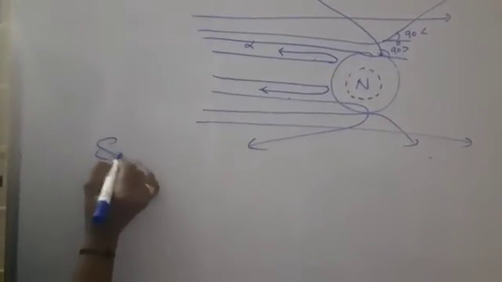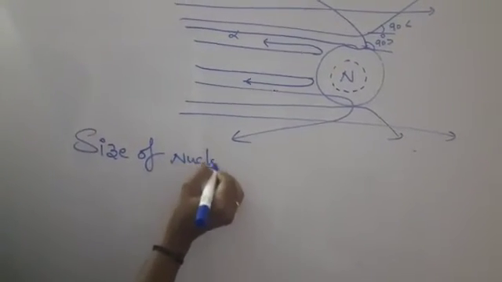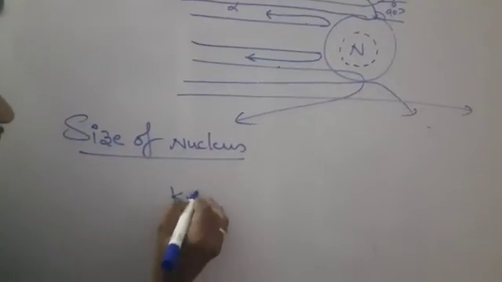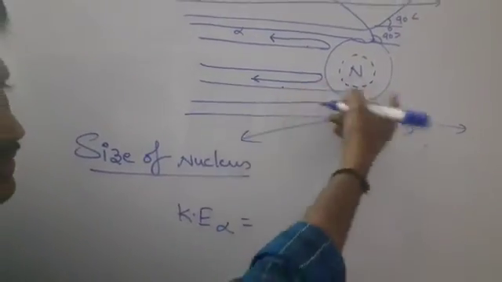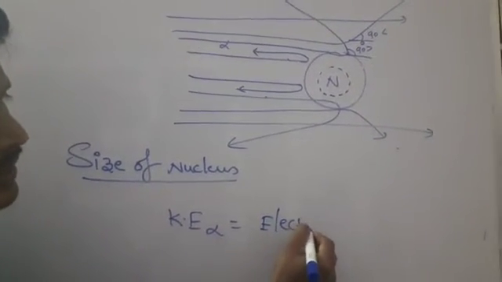Size of nucleus formula. The kinetic energy of the alpha particle is equivalent to the electrostatic repulsive potential energy.